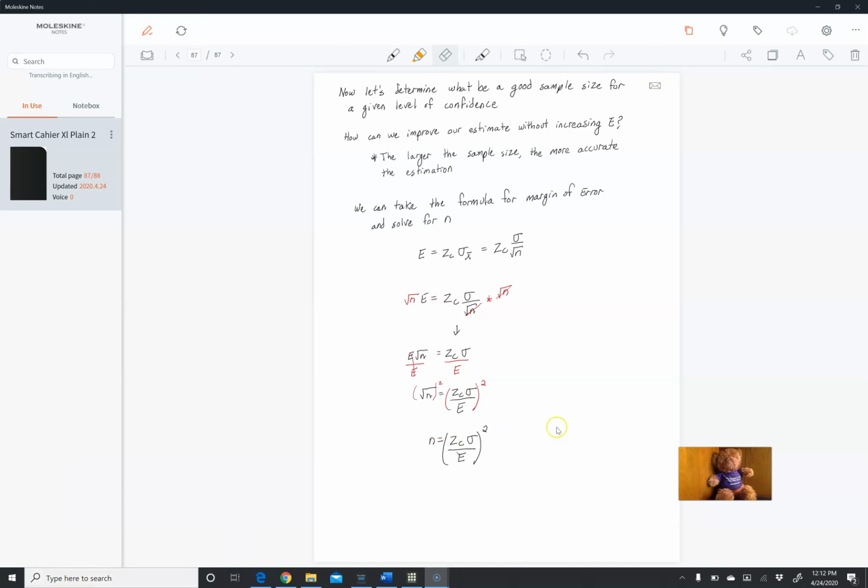So this would be our sample size. Just a note, if n is not an integer, because most of the time it is not going to be, then you're going to round up.